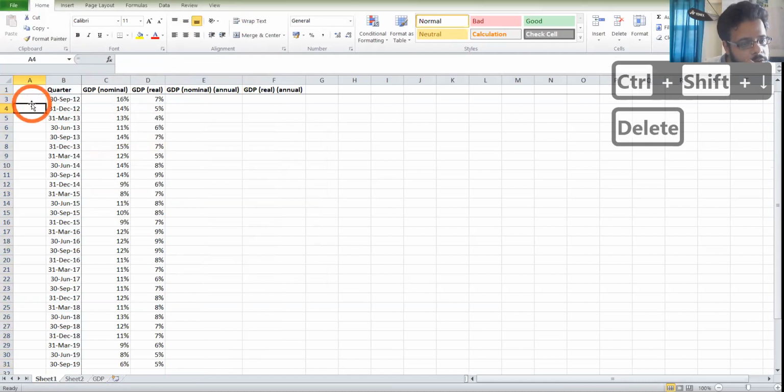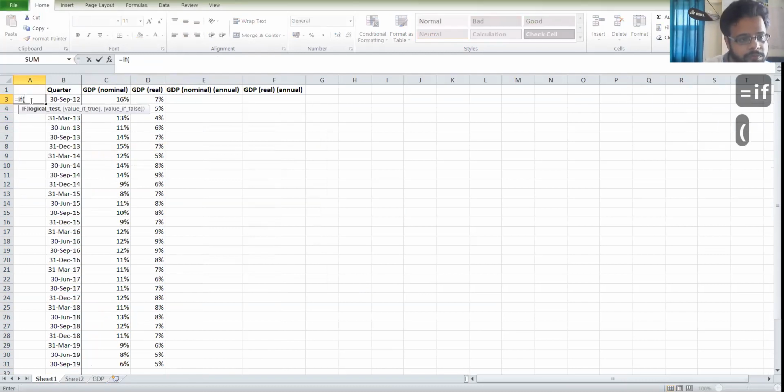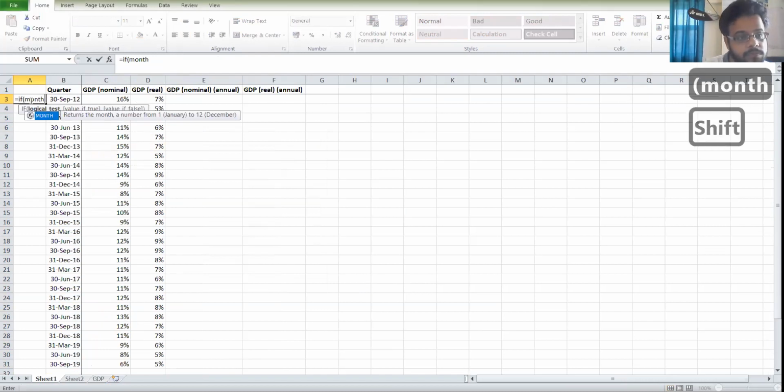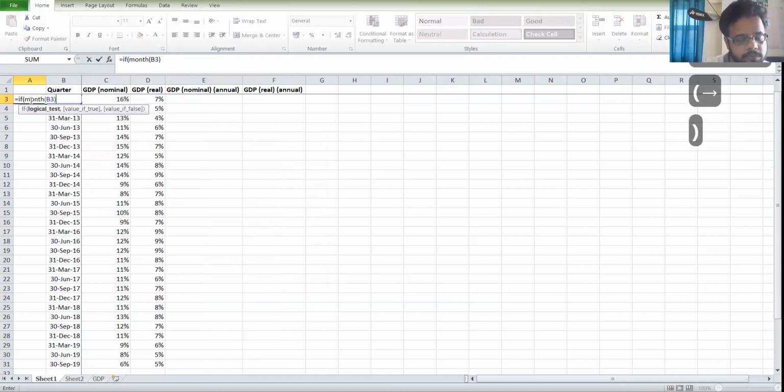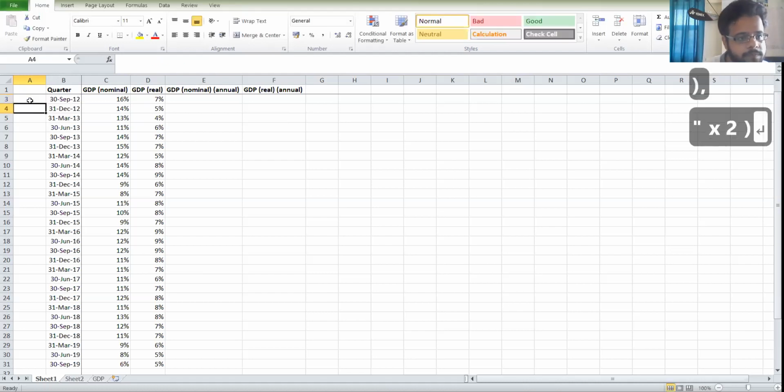Now I want the year in which such data is coming. So that is easy. If the month of this thing is equal to 3, then I want the year of this thing, else I do not want anything.